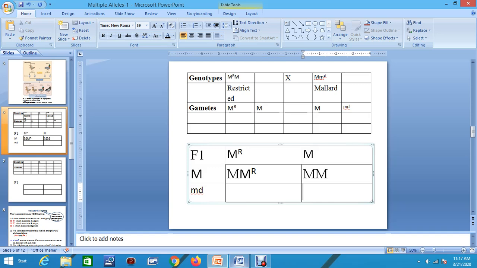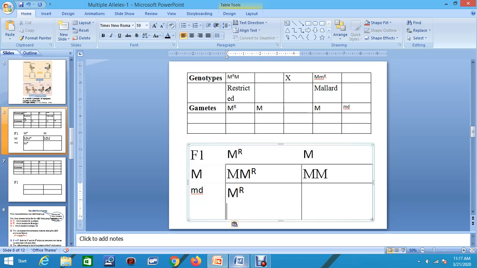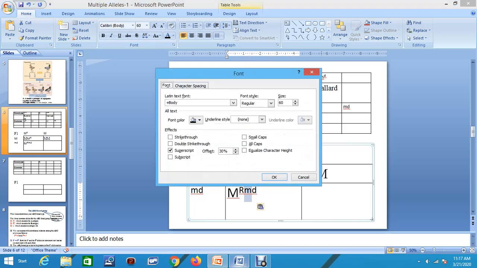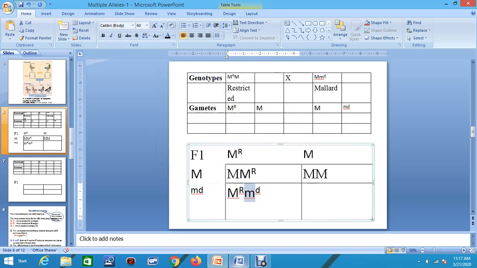So MM is another phenotype, and then we will have the... no need for superscript, yeah, and the next one will be capital M and MD.